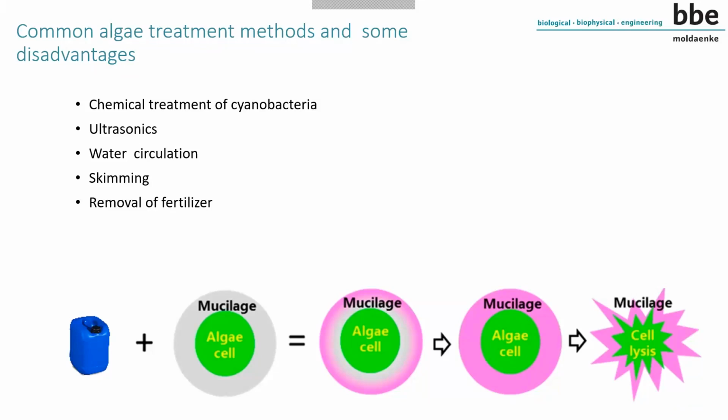And the other one, which is often used, for example, here also in Germany, is the removal of the fertilizer to bind, for example, the phosphate. It can help, but you have to know that if you have, let's say, phosphate in the sediment, it will come back later on.